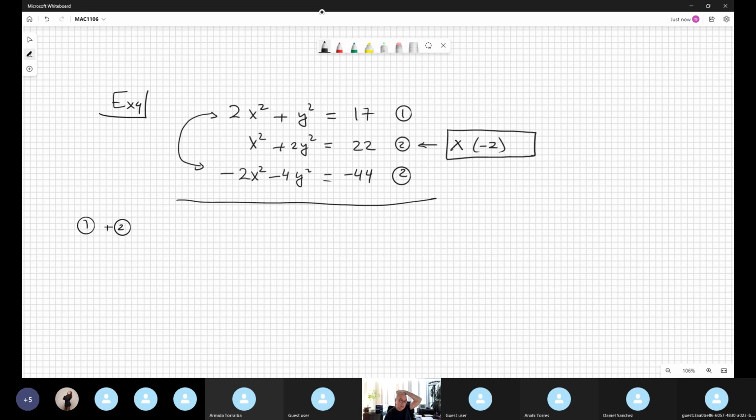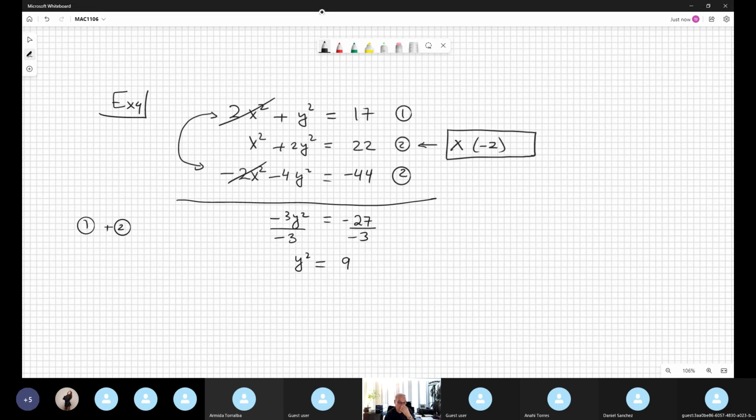The x squared cancels out, that part is 0. And we have y squared minus 4y squared is minus 3y squared, and 17 minus 44 is minus 27. Divided by negative 3, y squared is equal to 9.